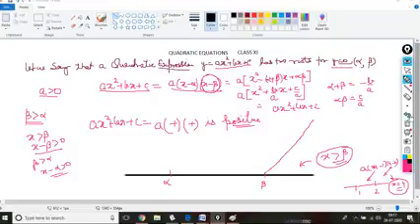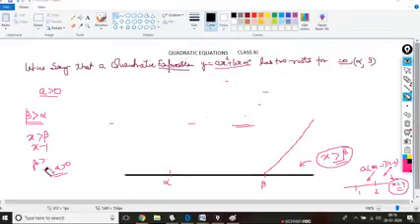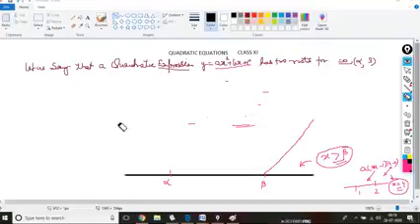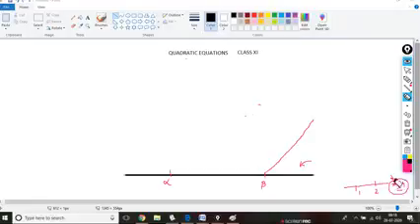Let's now take some other values of x. I'm going to take the values of x which are lesser than alpha. Let us try to find what will come. For these values, we will look at the terms a, x minus alpha and x minus beta.